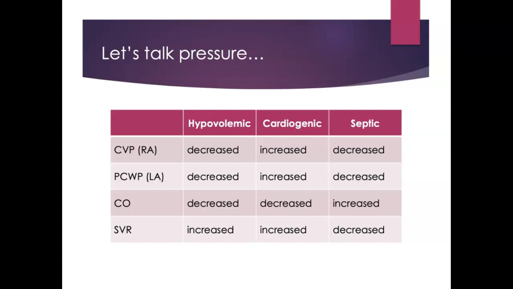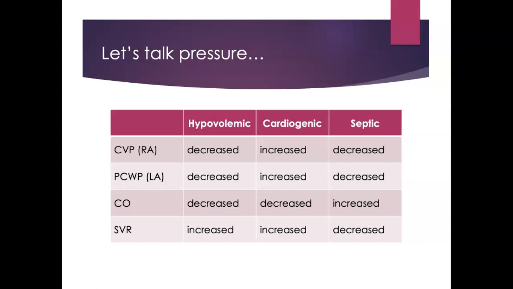Our PCWP is also going to be decreased because overall we have a low volume. Cardiac output is going to be decreased, but our systemic vascular resistance is going to be increased because of that compensatory mechanism, the vasoconstriction.